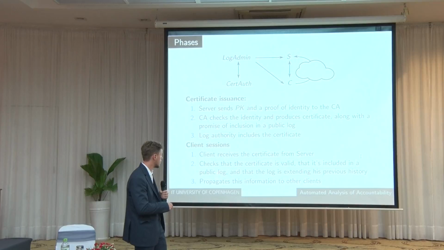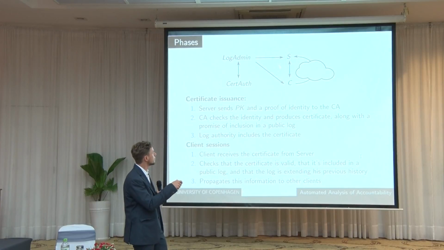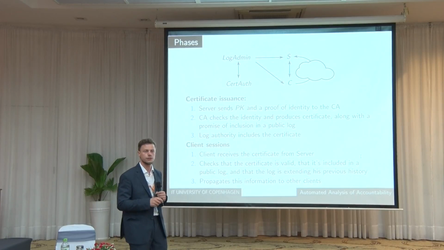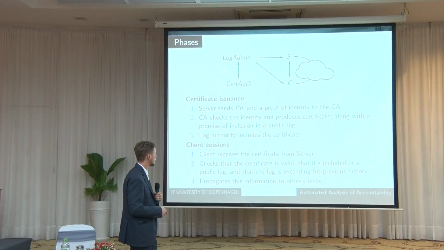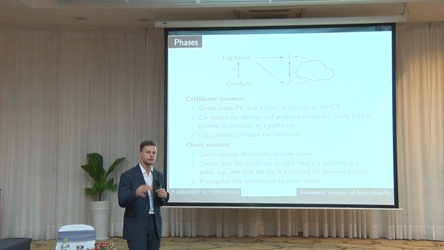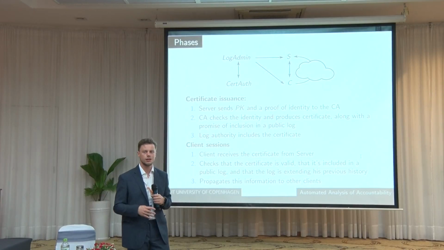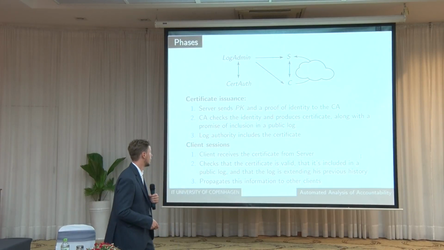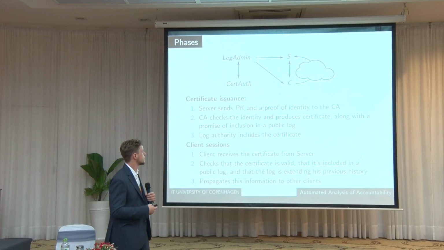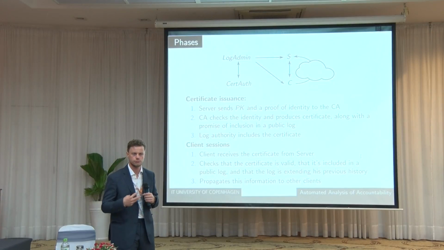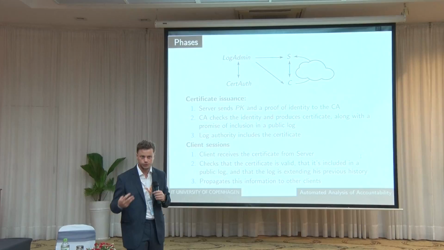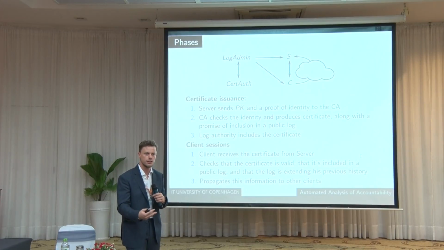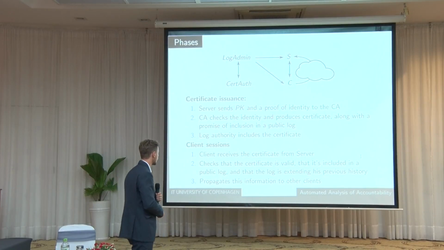That it's included in a public log, so it will talk to the log in some ways, and that the log is extending the previous histories. The protocol goes into great detail on how to do this, but basically the idea is that you can use some cryptographic techniques called Merkle trees that allow you to efficiently exchange the information about the log and about which certificates are present or not.